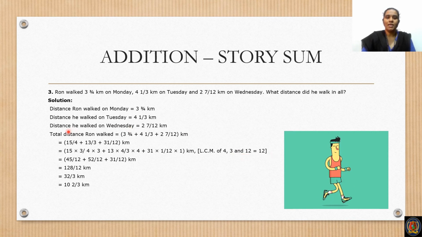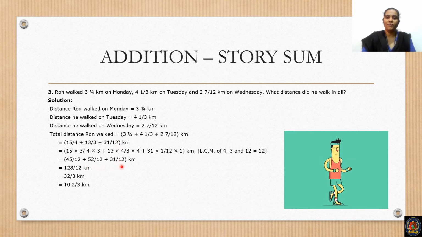Finding the equivalent fraction of 15 by 4 with the common denominator 12, 15 by 4 multiplied by 3 by 3 will give you 45 by 12. And 13 by 3 multiplied by 4 by 4 will give you 52 by 12. And 31 by 12 multiplied by 1 by 1 will give you 31 by 12.